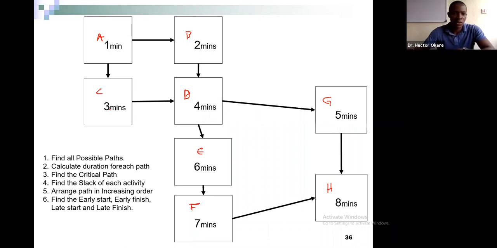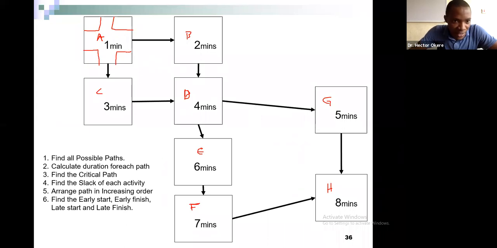So how do you calculate early start for activity A? Usually you have 4 values: early start, early finish, late start, late finish. Start will be up, finish will be down.